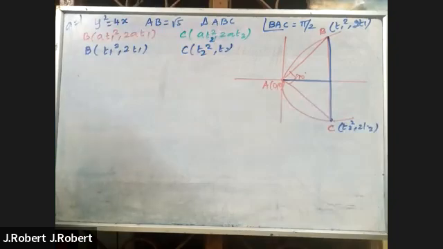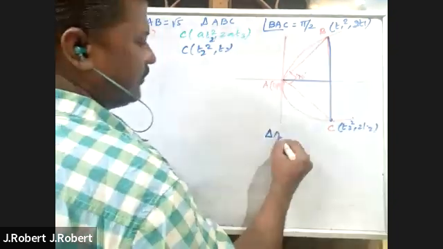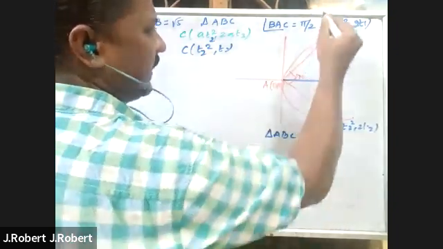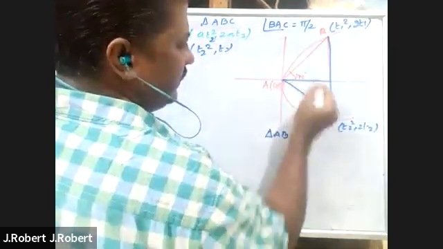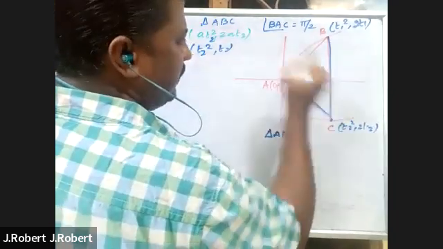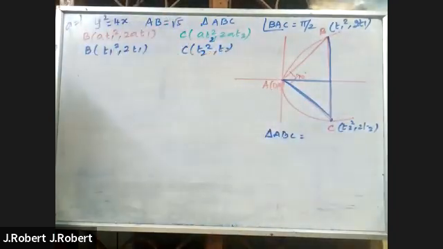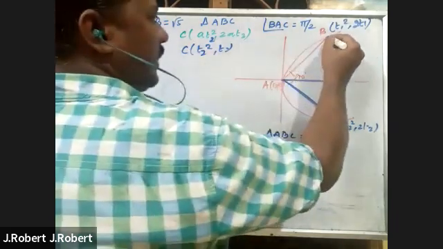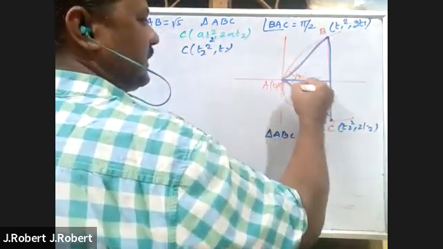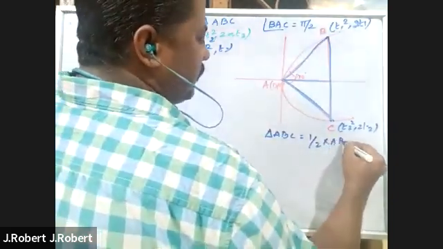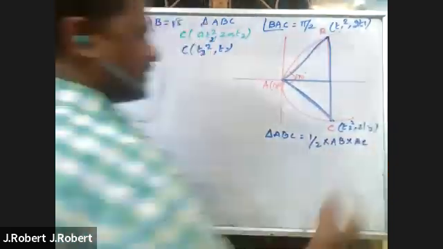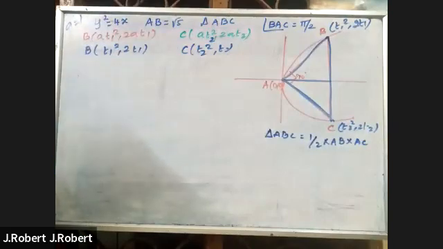This is the base and this is the height. Sorry, I said it wrongly, this is AB and this is AC. So we can write the area as 1/2 into AB into AC. This is the formula. Our main aim is to find AB and AC.